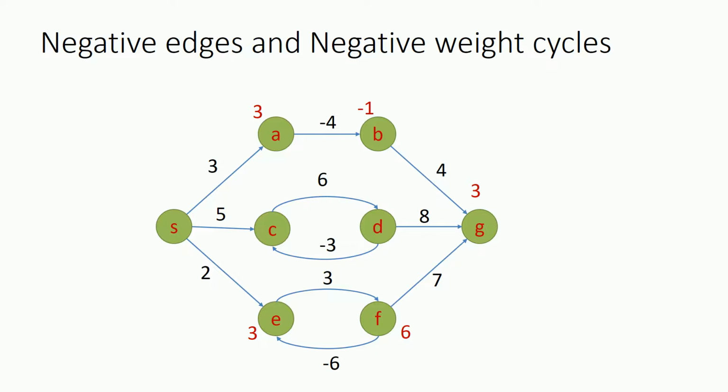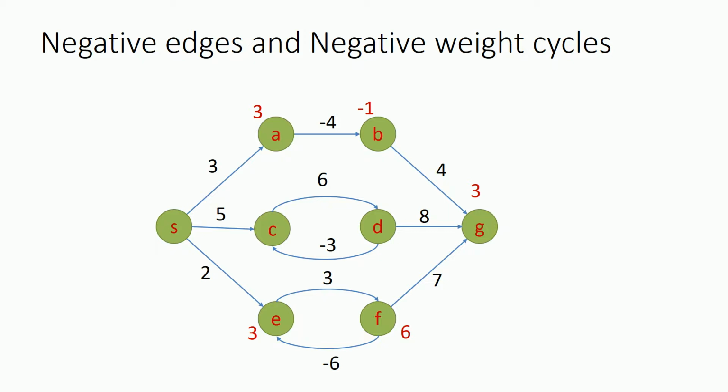In fact, in this case, it is -3. Therefore, each iteration through this cycle will decrease the distance for each of these vertices E and F. Therefore, we will not be able to find a minimum path because the distances are always decreasing. So, if our graph has a negative weight cycle, then we say that the shortest path is not defined for that particular graph.